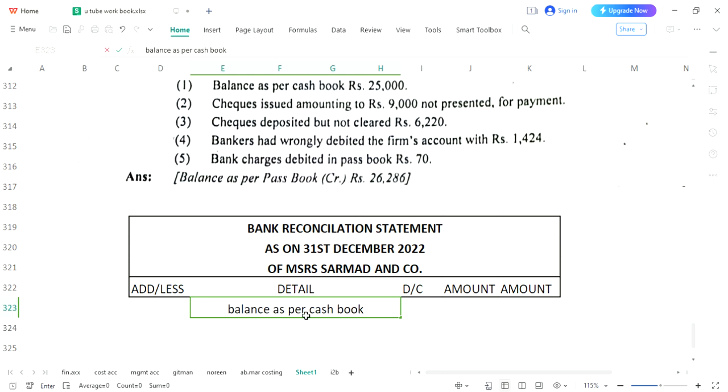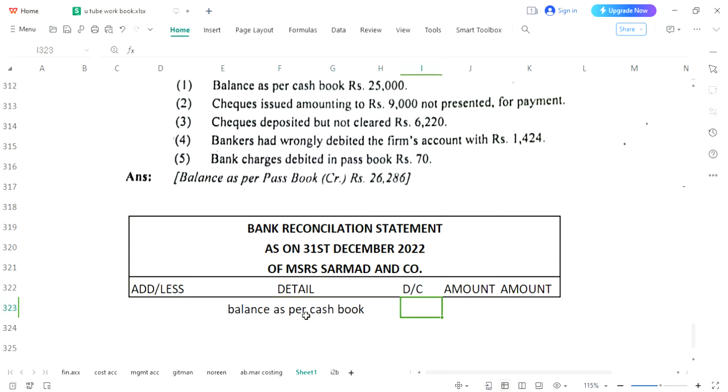In all questions, the very first line would be for the balance, and you do know that it should be debited, so we are writing only D. Considering it as debit, here you will put the amount, you can see it is 25,000, so just put the amount and that's all. Simply you will see the entry, and then you will decide whether it should be written as debit or credit and then the amount. And this is the only responsibility you will have to solve the question.